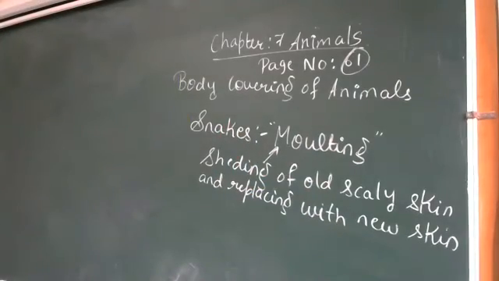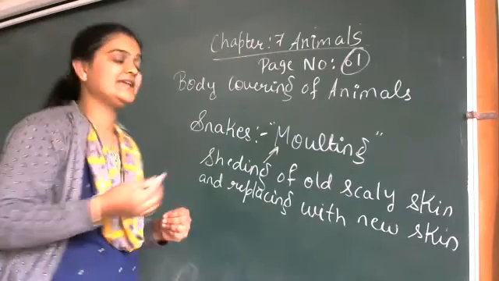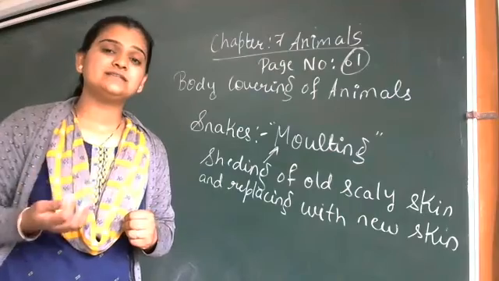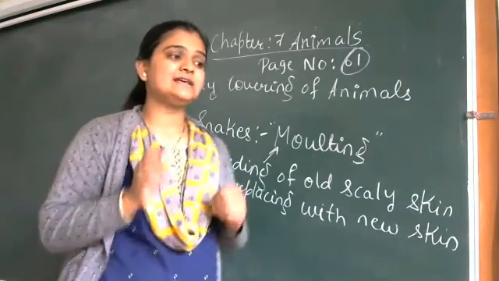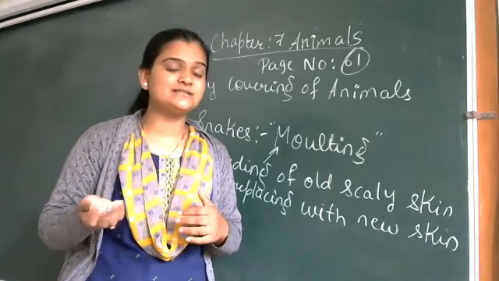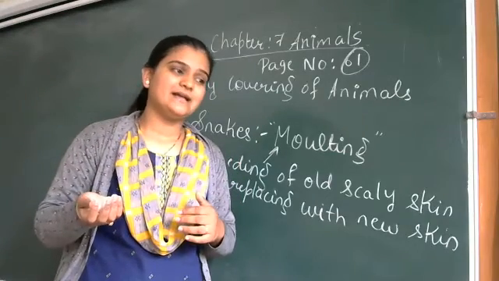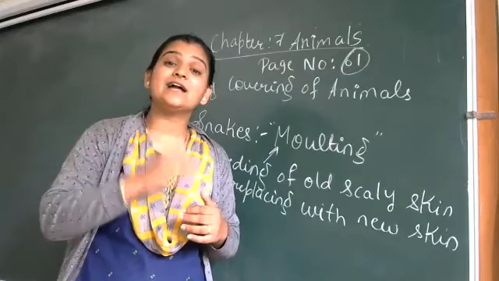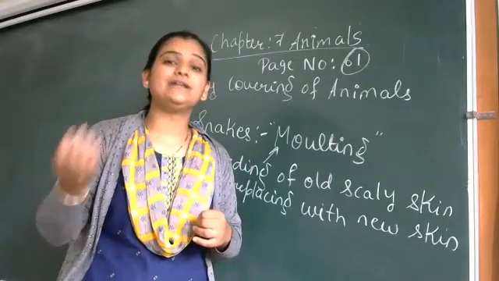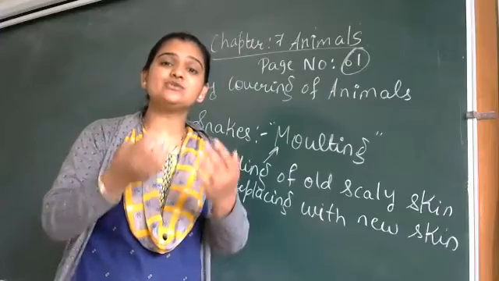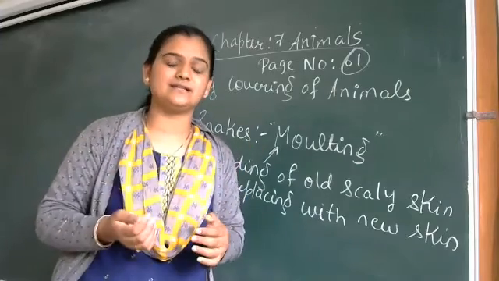Yes, and they have these colorful scales which help identify the different types of snakes. Have you ever seen that snakes are of different colors? Yes, ma'am. The colors are varying, all different, so that we can understand which type of snake it is.